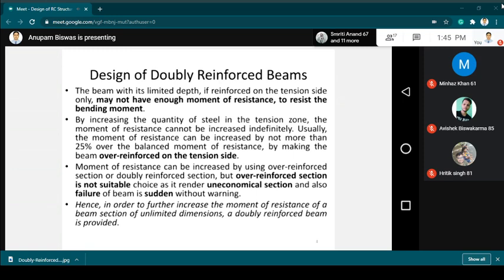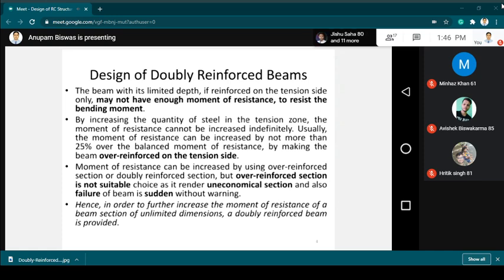From here we can conclude that to increase the moment of resistance of the section of the beam, we can apply a doubly reinforced beam, to fulfill all the conditions without compromising economy.